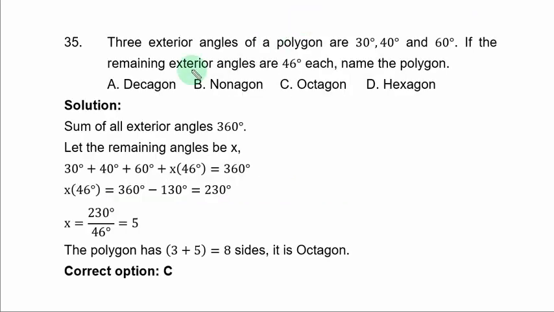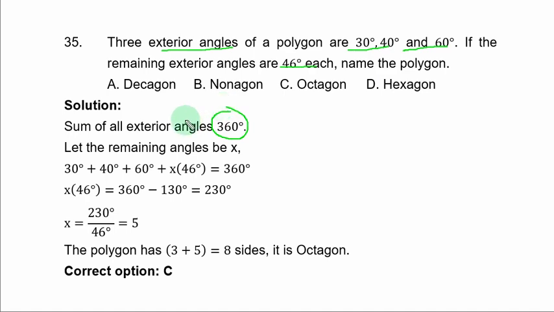Question 35. 3 exterior angles of a polygon are 30 degrees, 40 degrees, and 60 degrees. If the remaining exterior angles are 46 degrees each, name the polygon. The sum of all exterior angles irrespective of the polygon is 360 degrees.